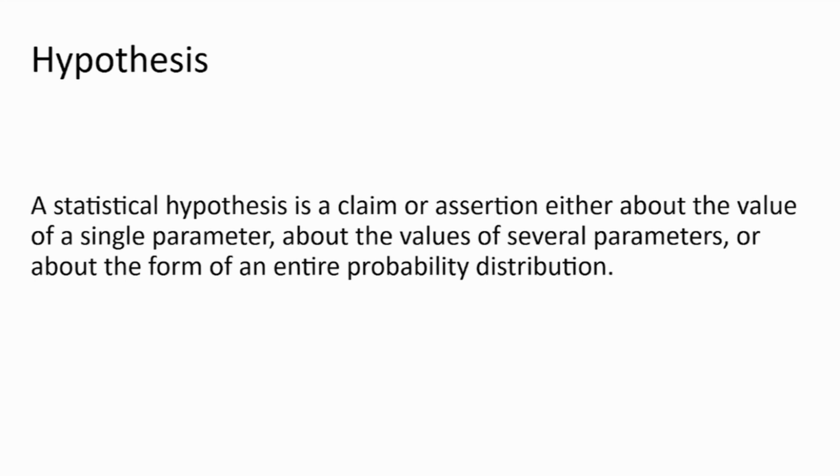So the average height of boys of the population we are interested in, which we have discussed earlier, is 5.5 feet, or the average height of boys is more than the average height of girls in a population we are interested in studying.